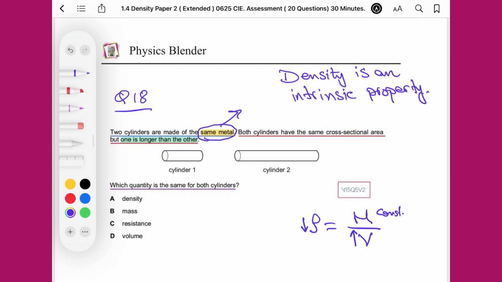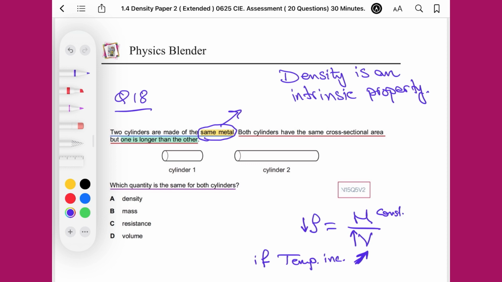So at constant mass, density and volume are inversely proportional, and one of the important factors affecting density is temperature. If temperature increases, maybe the object will expand and it will change its density.